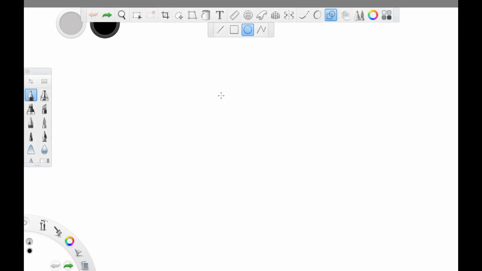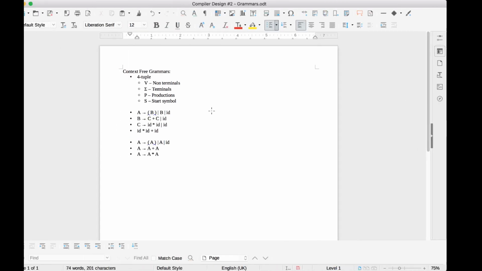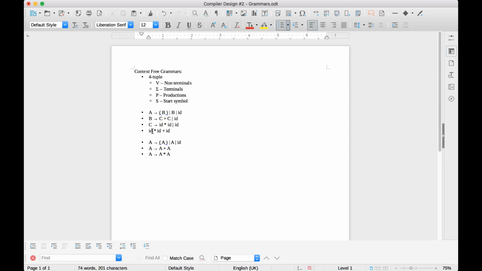Now, to start with, to make a parse tree, we're going to make our root node the starting symbol, or the starting non-terminal, which is A. And let's see, well, A, we're going to open A out into B, because that seems to be the most logical thing to do in this case, doesn't it?